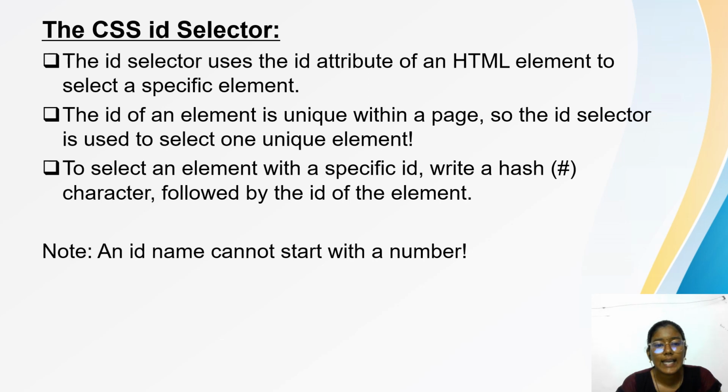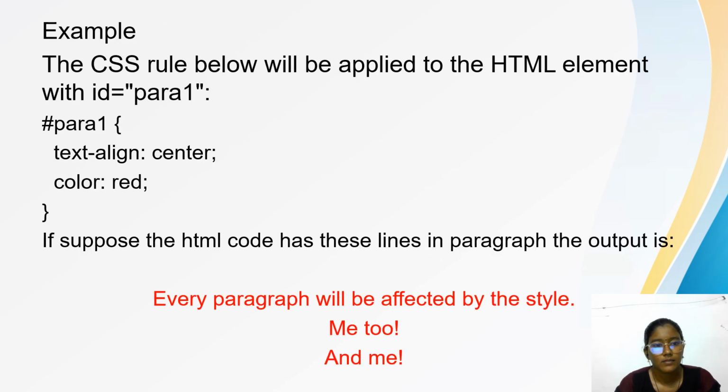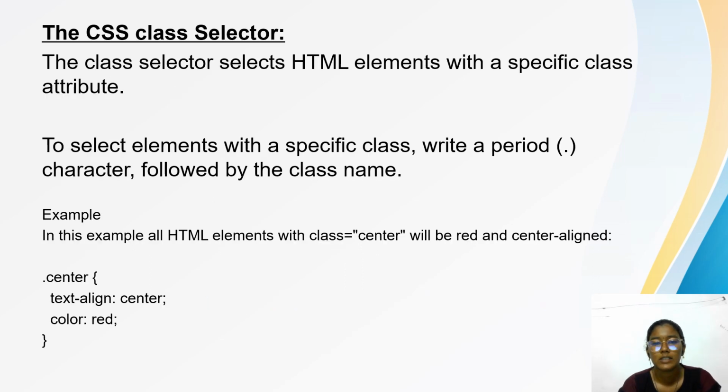Note that an ID name cannot start with a number. Example, the CSS rule below will be applied to the HTML element. The ID name starts with a hash before its name, with text aligned in the center. The same output will be applied, but we are signifying the ID with a hash before the name.